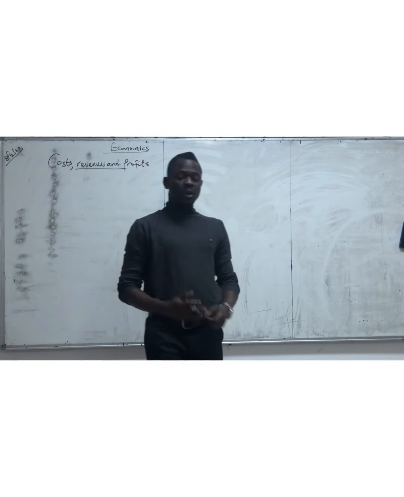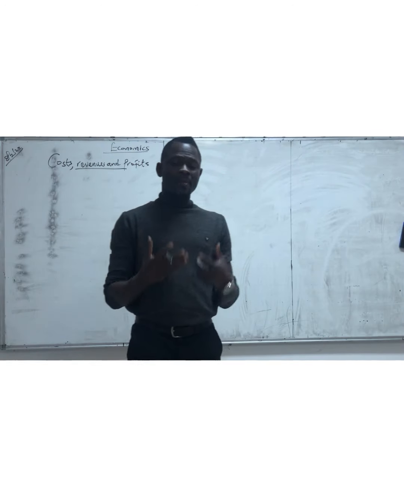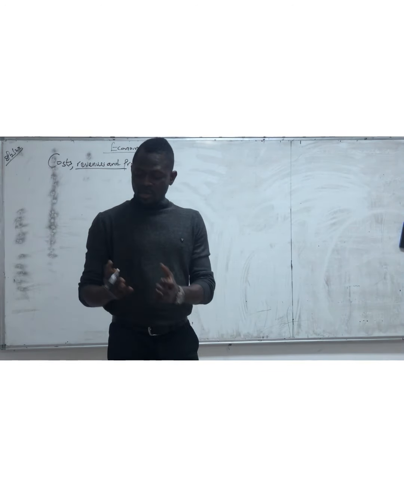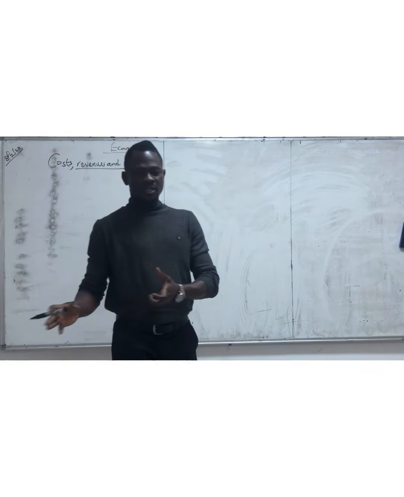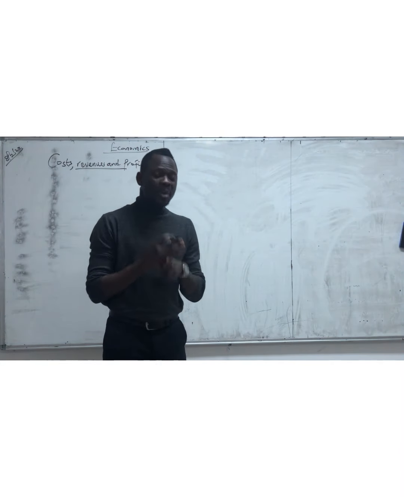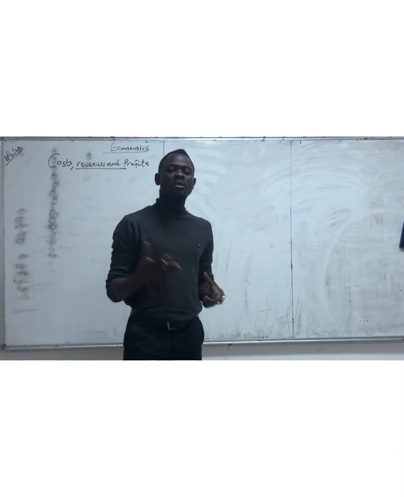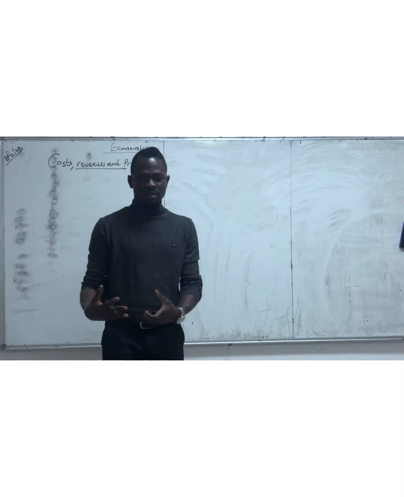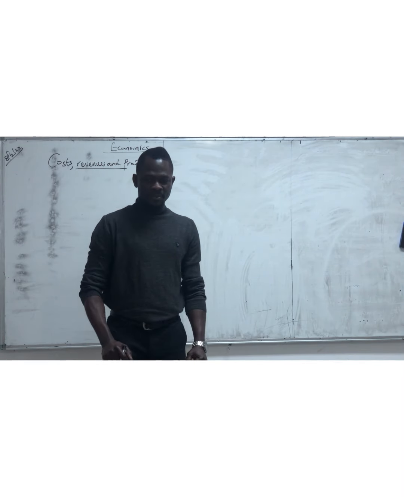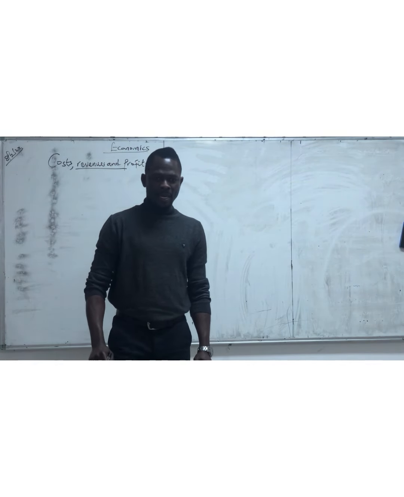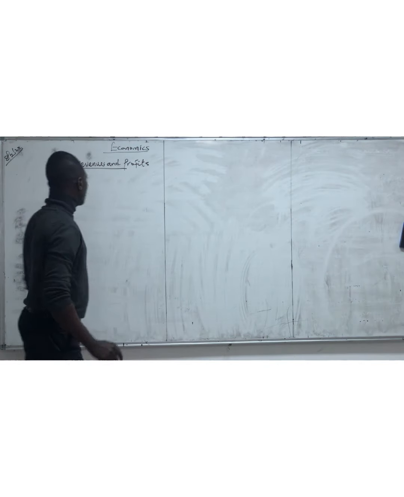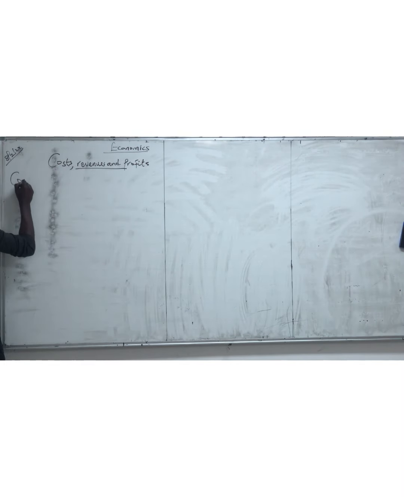Okay, good. So when we talk about cost, these are payments made by firms in the course of producing a product. That is what we call cost. Do you understand what cost is here? Okay, so we say costs.